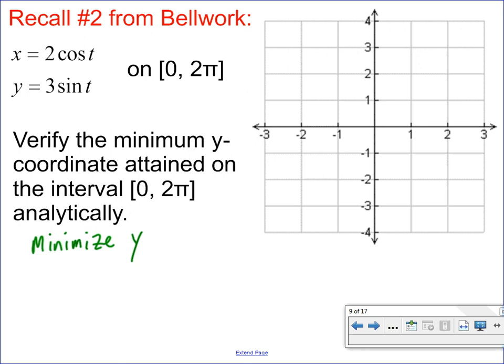It'll just be a txy chart. And I can do it both ways, just so that we can practice. All right, so if I want to minimize y, then I need an expression for y prime. Danny told us y prime was 3 cosine t. Is that right? 3 cosine t?